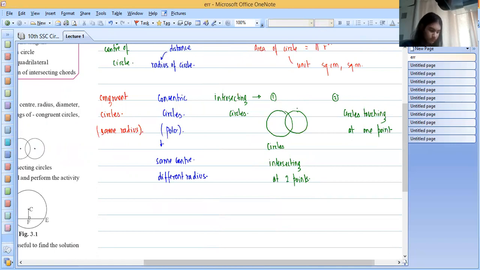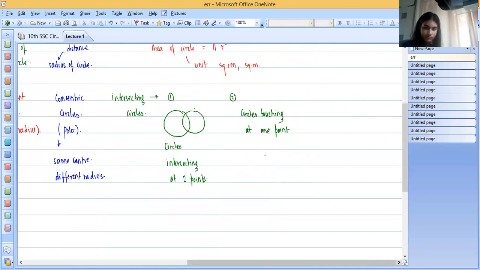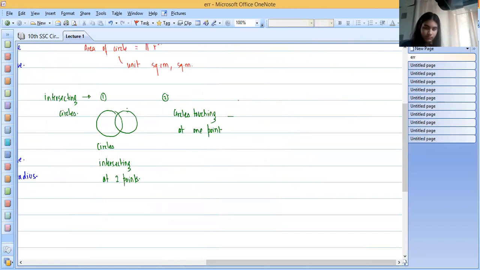And for this, there are two possibilities. The circles can be like this, and this is called two circles touching each other externally, or the circles can be like this.